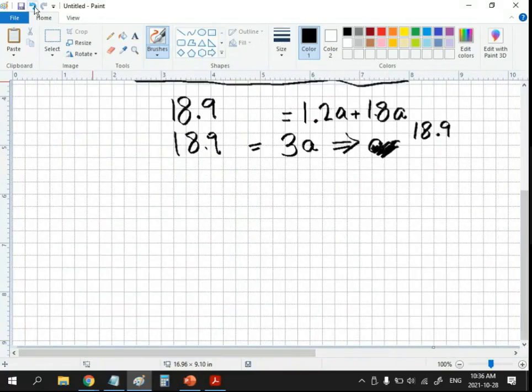A is equal to what? This over 3, which is 6 point.